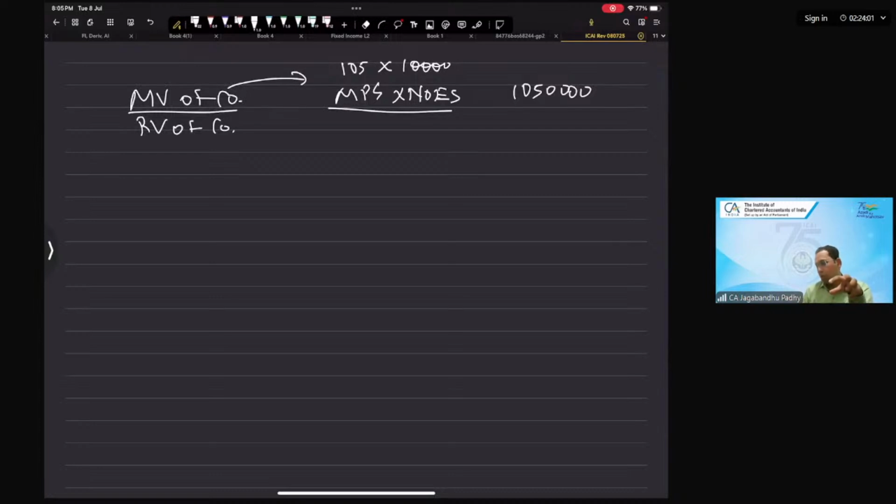Now, if we go deep down into the company's balance sheet and find out what all assets and liabilities it has got, I want to know what cost will be incurred if I replace all these assets from the current market.